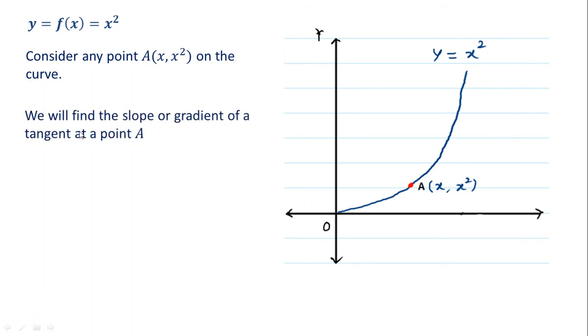So we will find the slope or gradient of a tangent at a point A, where A is any point on this curve.